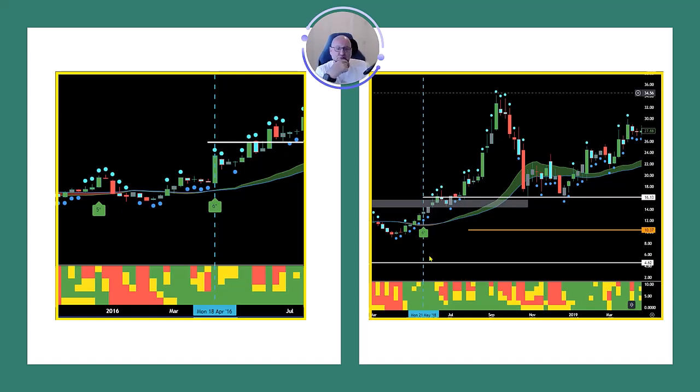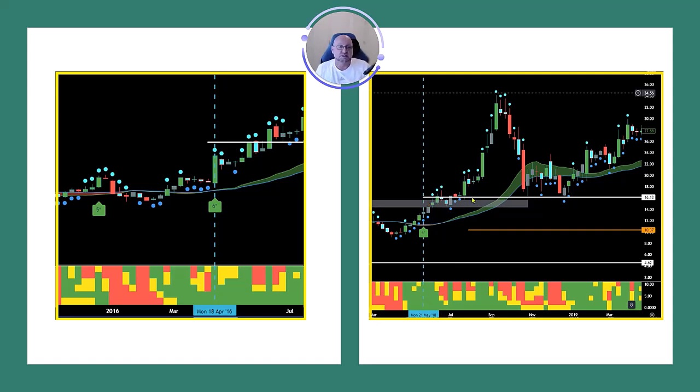Then a further signal here in May 2018. We get another xBrat algo 6-star buy, so all 12 out of 12 confluences are basically indicating that the directional flow is strong in this particular stock at this time. Sensibly, we'd wait until it gets through this resistance, which has really caused some problems in the previous 12 months.